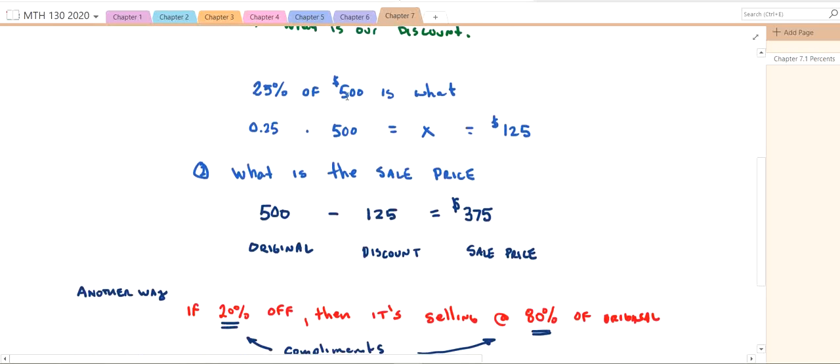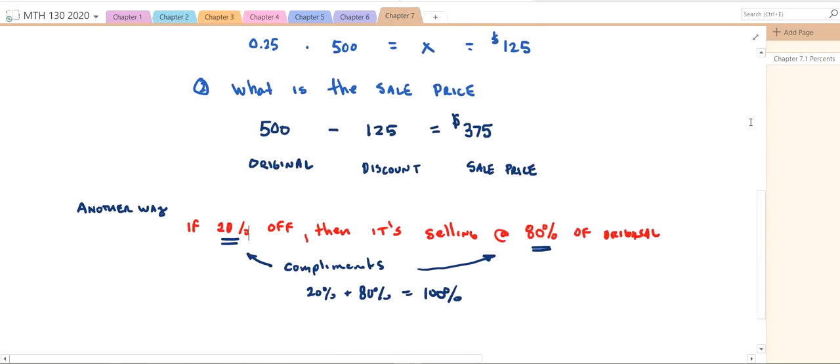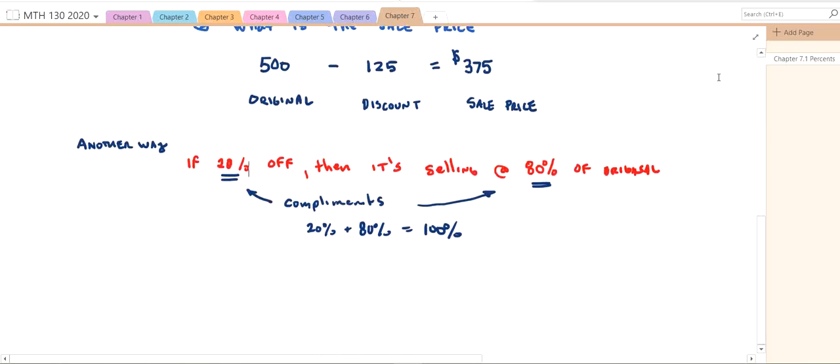And in our example above, actually, let's use the numbers from above here so we can rerun. So in the above situation, we have 25%.